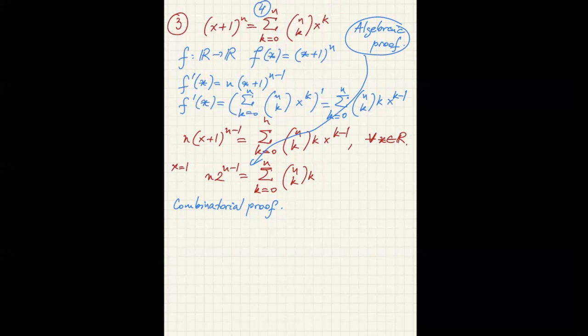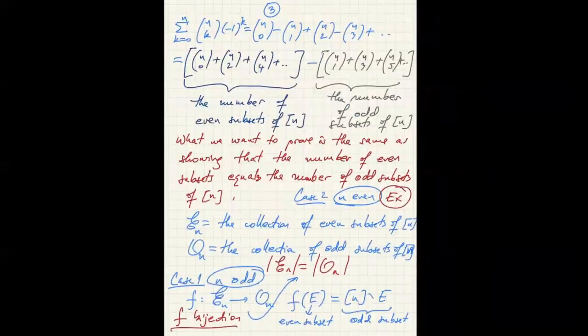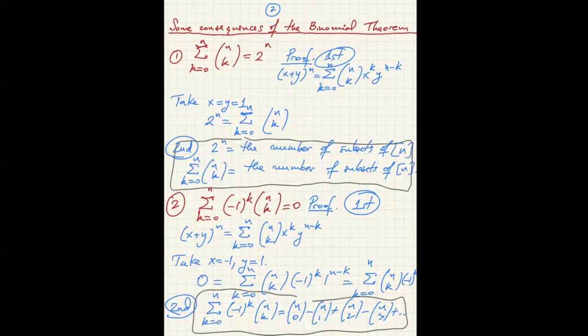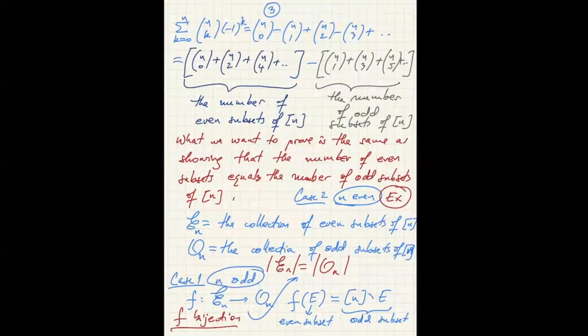So the combinatorial proof is similar to the one that we did here, where we essentially show that the expression on the left-hand side and the expression on the right-hand side count the same thing. And it's similar to the second proof that we did here, to show that, again, the two sides of our equality basically count the same thing.